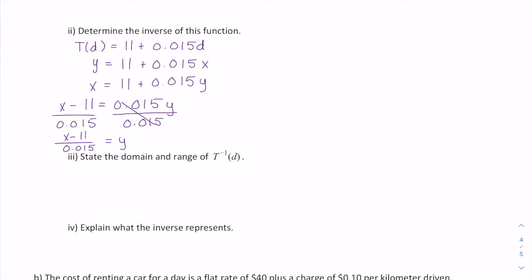And because I've done the inverse, the way that I can write it with my proper variables is going to be D of T instead, because it used to be T of D, and now it's swapped. And that will equal T minus 11 all over 0.015, because I swapped those two variables.